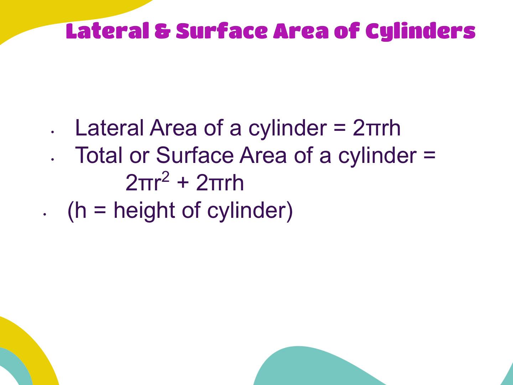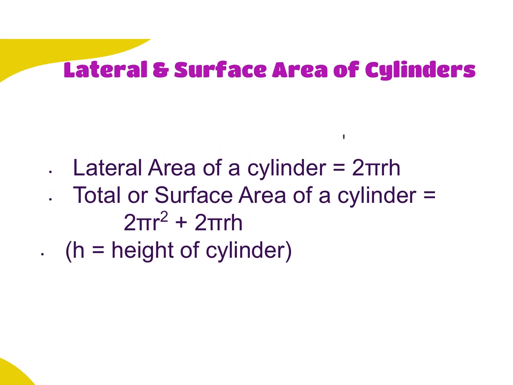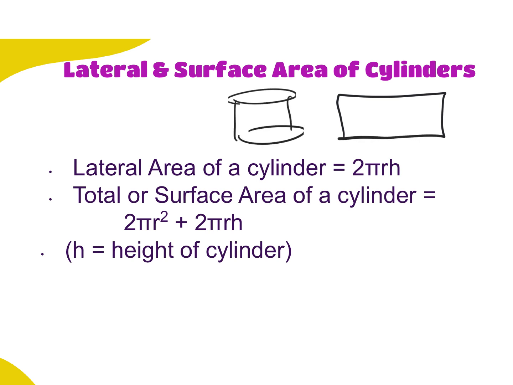And if you remember, when you unfolded that cylinder and it made the rectangle, this length up here is like the circumference. And over here would have been the height. So this 2 pi r is this length up here, which is really the circumference when you roll it back up. And then we have it times the height.